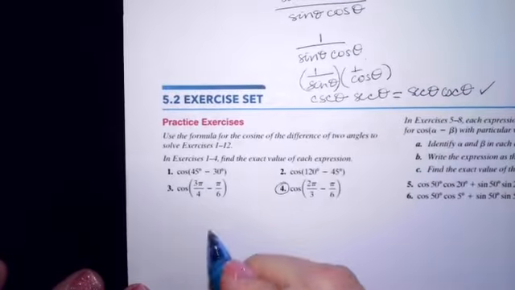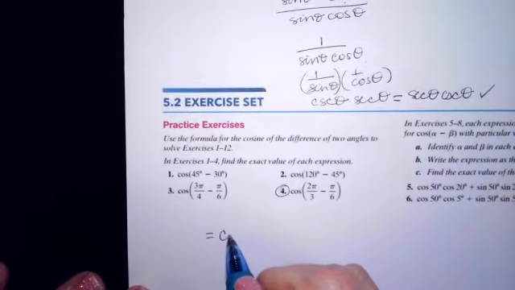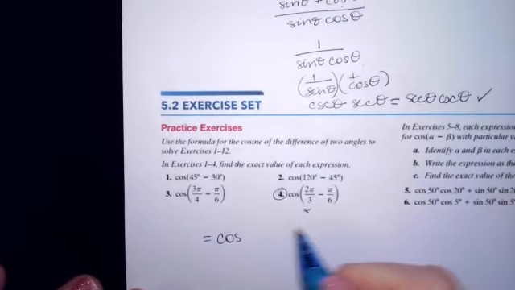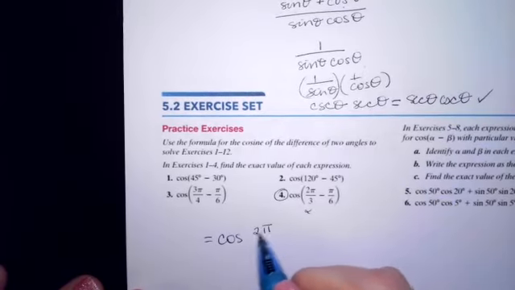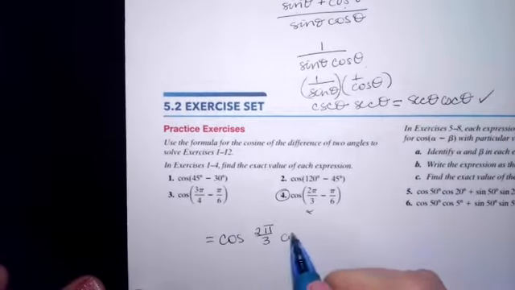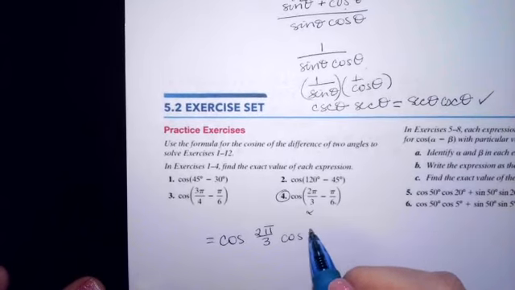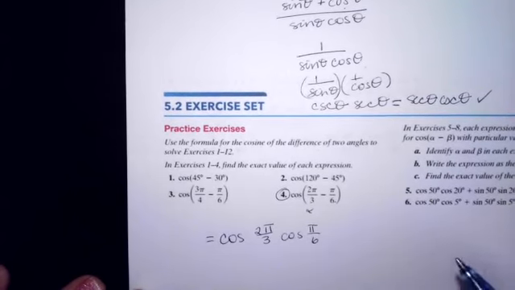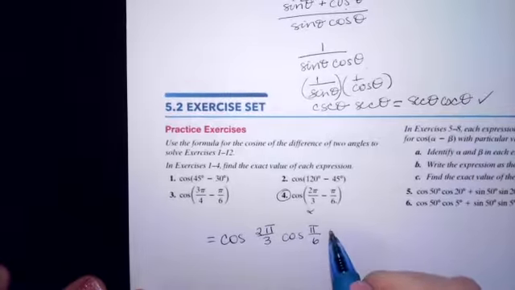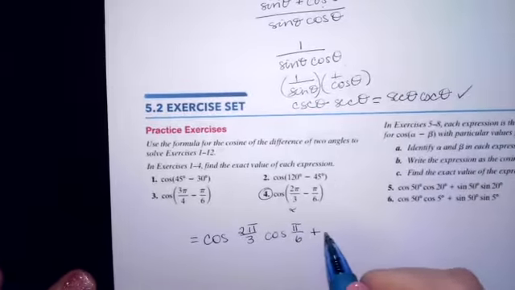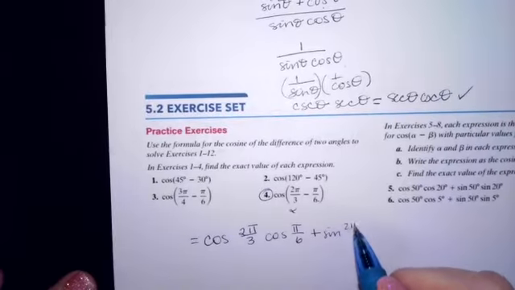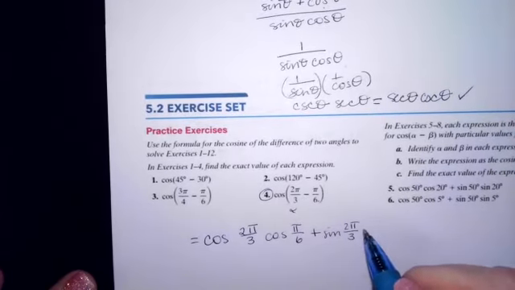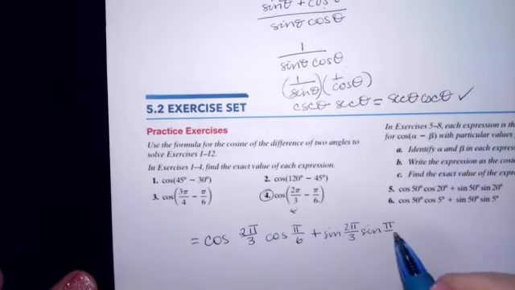And so this is going to be cosine of my alpha, which in this case is 2 pi over 3, cosine of my beta, which is pi over 6, and then it's the opposite sign for the cosine, and then we have sine 2 pi over 3 sine pi over 6.